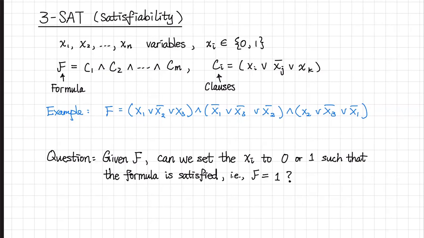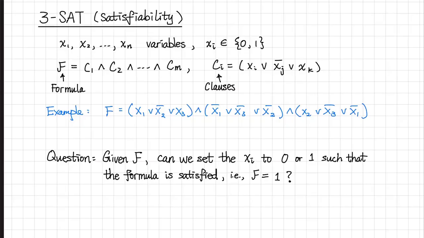Now let me introduce the problem. It's called SAT. You've probably seen this title before. SAT stands for satisfiability. What do I mean by that? In this problem, you are given n variables, and those variables are Boolean variables, meaning they are either true or false. In the binary notation, the value will be either 0 or 1: 0 for false, 1 for true.